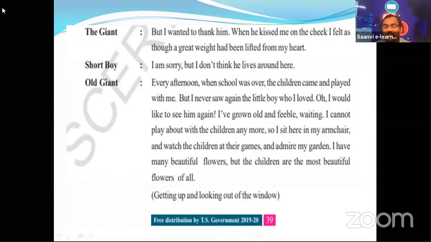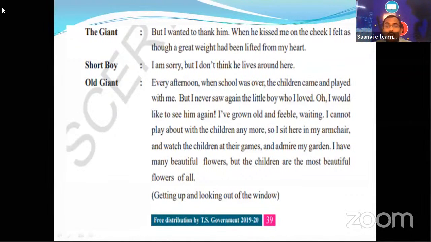Now, when you are not selfish, you don't need to be worried about anything here. But I wanted to thank him, when the little child kissed the cheek of the old giant, he felt as though a great weight had been lifted from my heart.